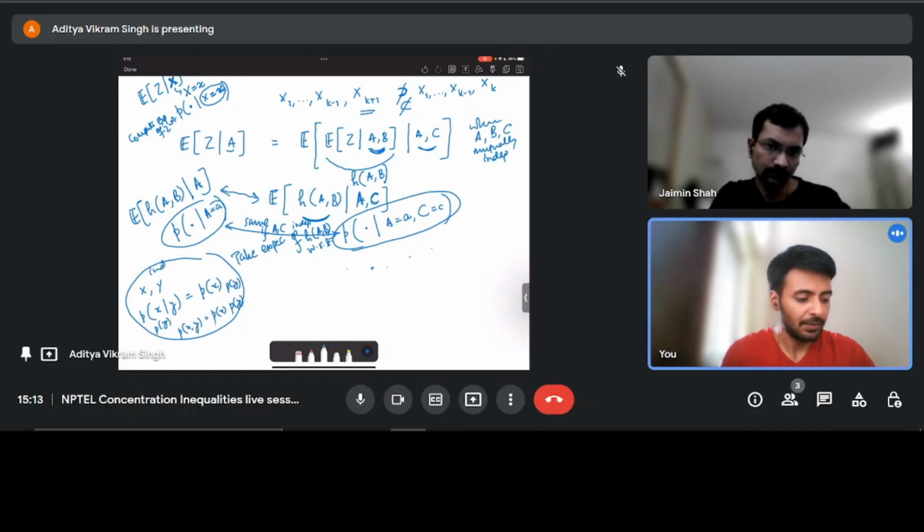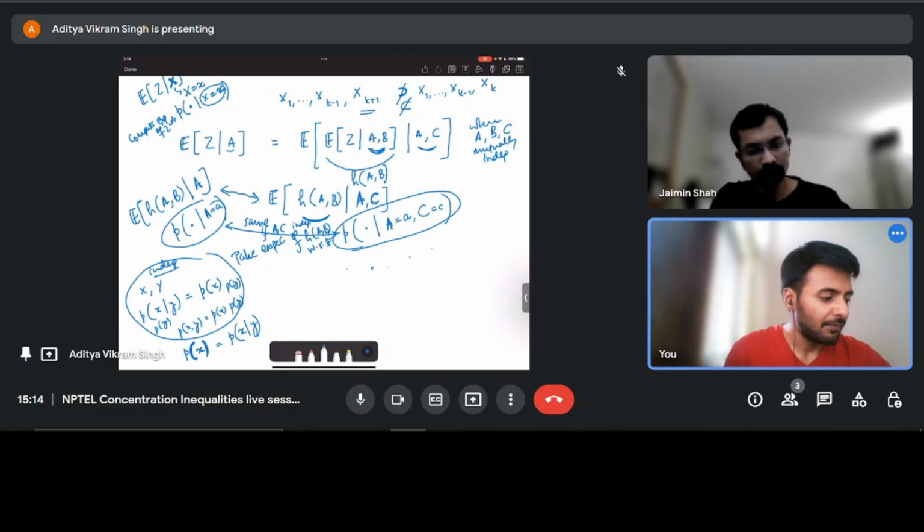So this is independence. Once you're given y, since they are independent, the probability of x doesn't change. That is how we say that x and y are independent. Similarly here, we are given both a and c, and here we are just given a, and both are independent.